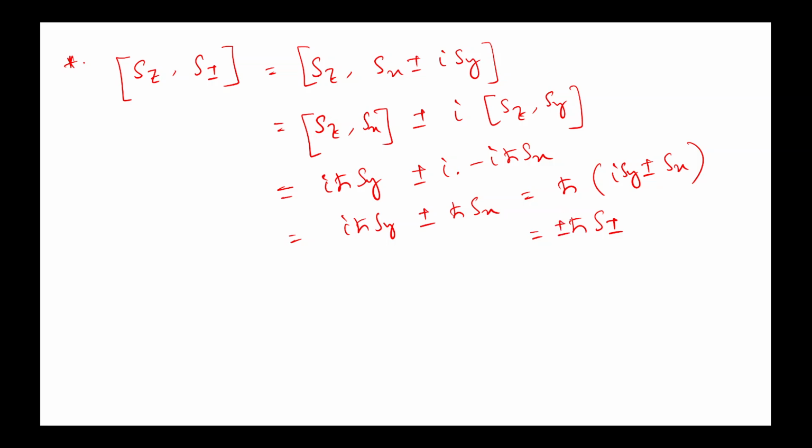So the final result, this will be used in the later case. So the commutator of Sz and S plus minus is plus minus h cross S plus minus.